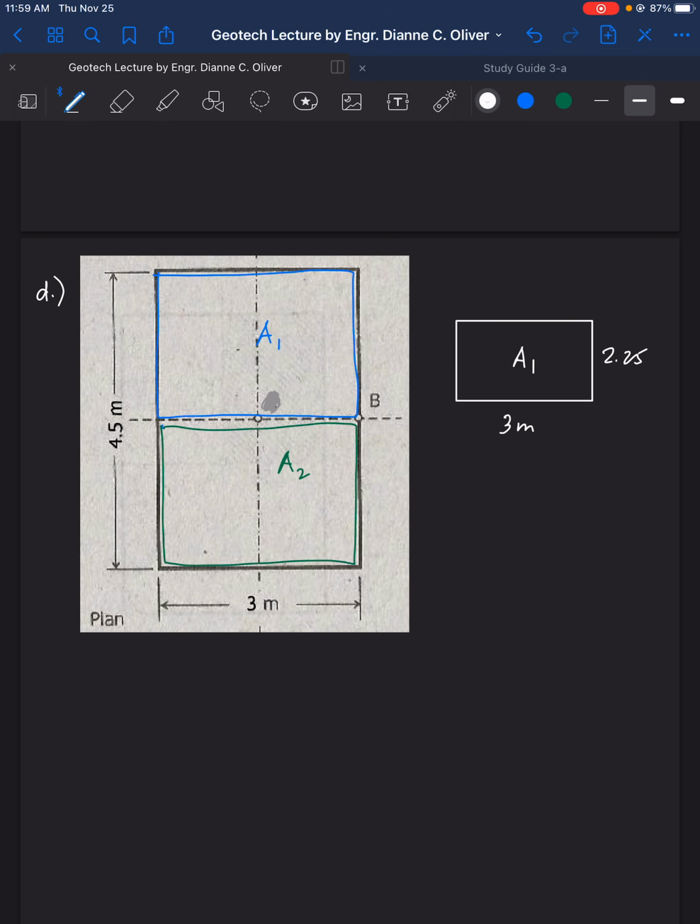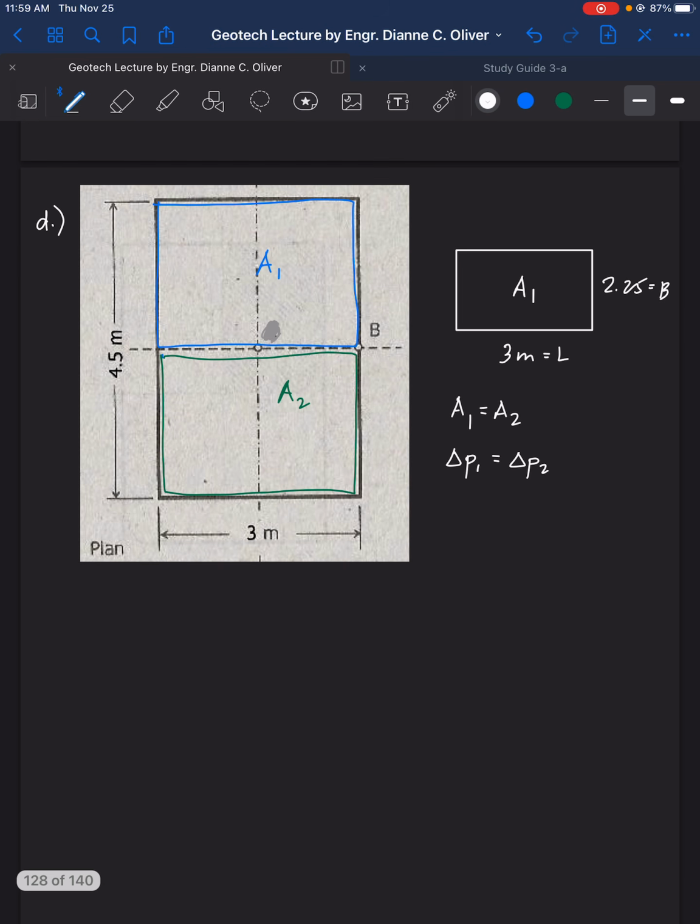So this becomes your base, this becomes your L because it's longer. Now, what can we conclude? Again, A1 is equal to A2, the same area. Therefore, delta P1 is equal to delta P2. So, our answer later on for delta P will be multiplied by 2.